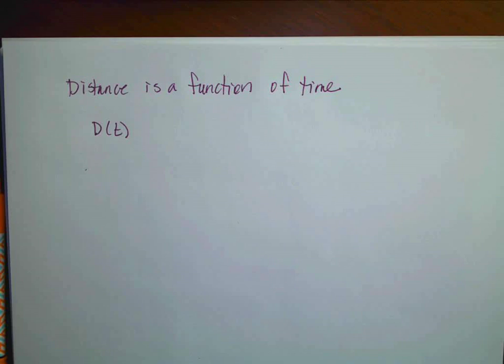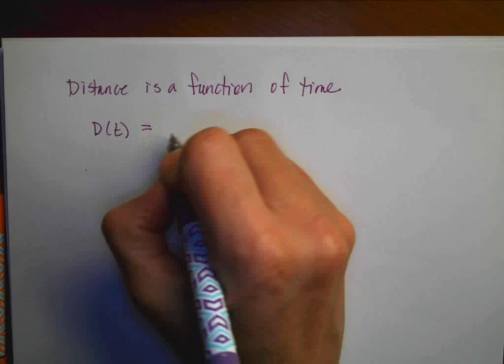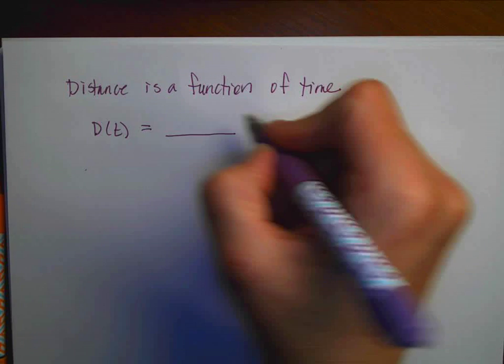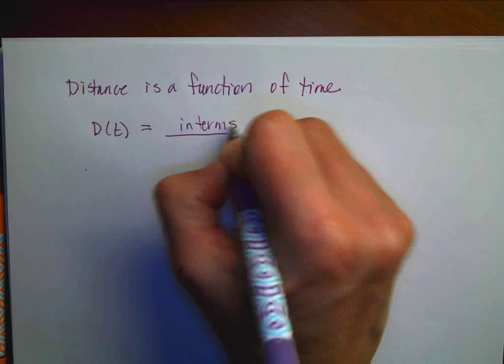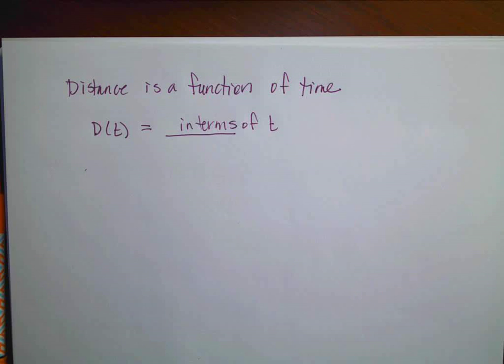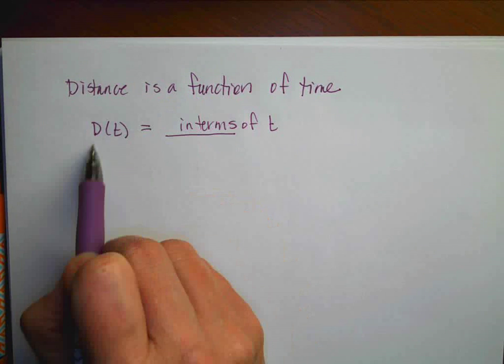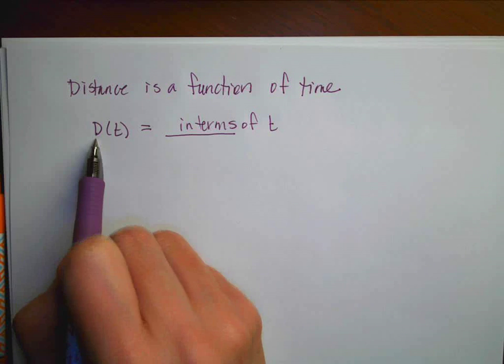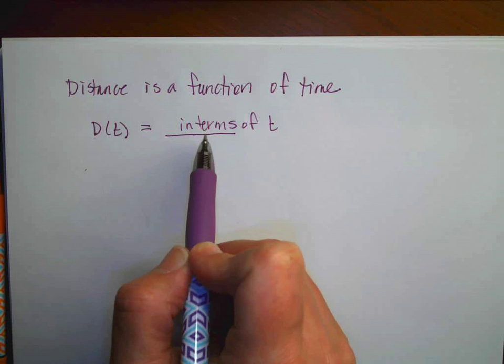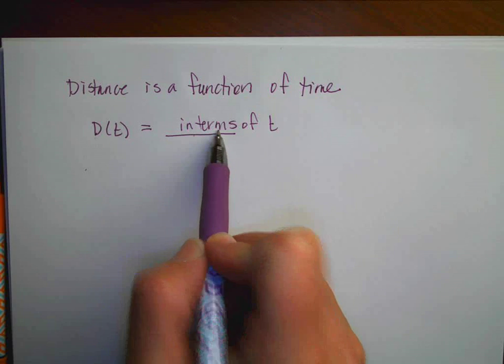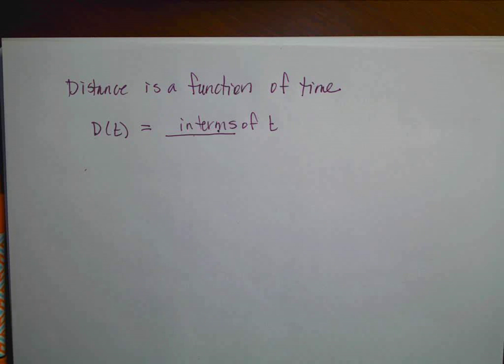So it would say d of t, okay, using our function notation is, and then I would have an equation of some type that's in terms of t, okay? So distance is a function of time, so I would write it, d of t is equal to, and then I would have some equation that is written in terms of t. Alrighty?